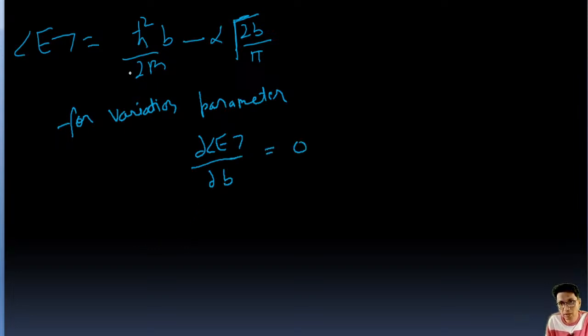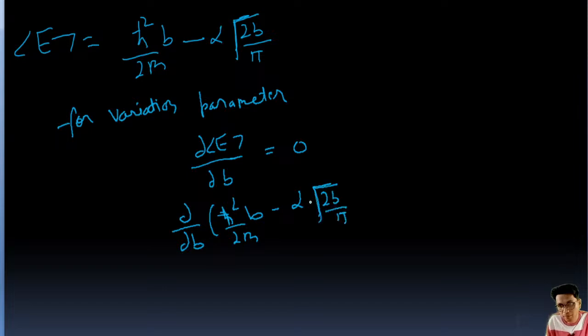So we will differentiate it with respect to b. This is going to be del upon del b of h cut square b upon 2m minus alpha root 2b upon pi, equal to 0. These are lengthy questions, right? So we'll solve it further.